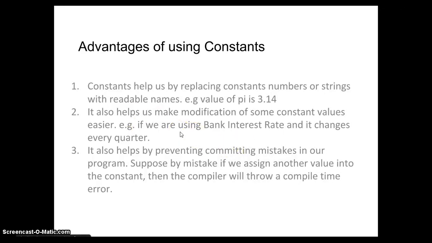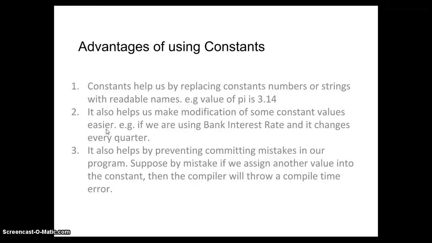It also makes modification of constant values easier. For the bank interest rate, suppose we have compiled and released our application, and the interest rate is 10.5%, and after 6 months the client says that now the bank interest is 11.0%.